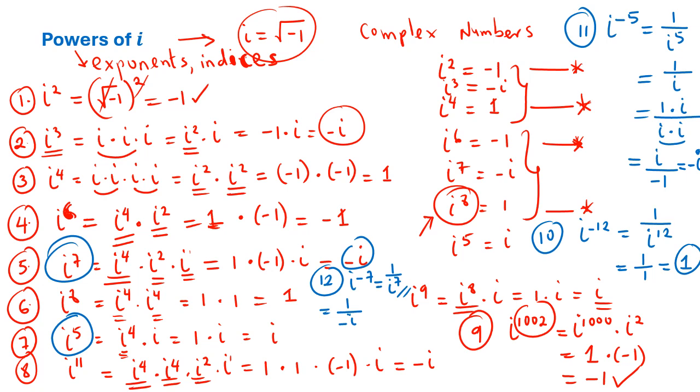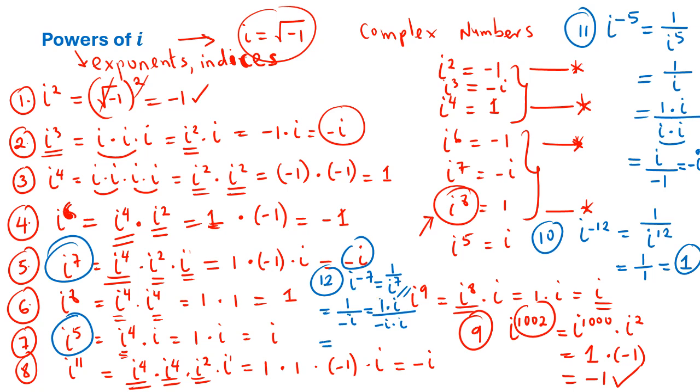Now, in order to simplify, I will just multiply the denominator by i again, or I can multiply by -i, depending on what I'm looking at. So I can just multiply the denominator by i. So it will now be 1 times i divided by -i times i. I'm multiplying the denominator by i and also making sure I'm multiplying the numerator by i, so that the quotient would remain equivalent.